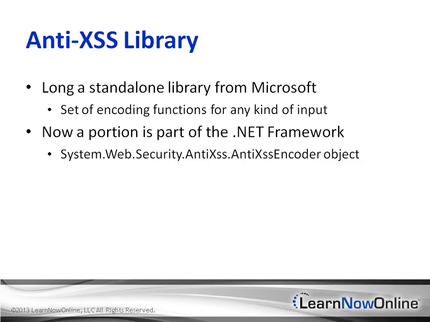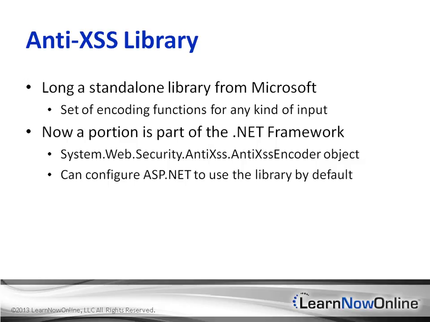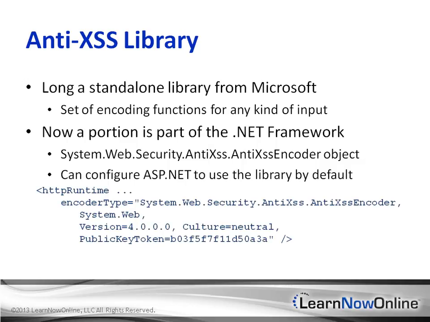But the easiest way to use the library is to configure an ASP.NET application to use the anti-cross-site scripting features by default, replacing the default encoding features, including those in MVC. You can do this by adding the encoder type attribute to the HTTP runtime element in web.config like this. So you just need to add this code in addition to any other attributes of the HTTP runtime element.